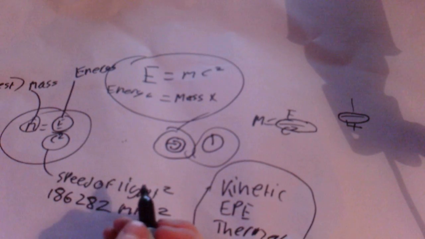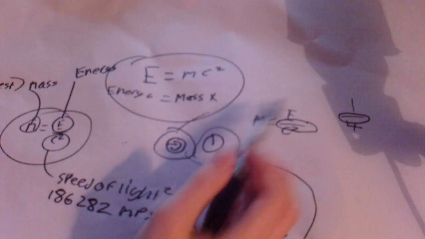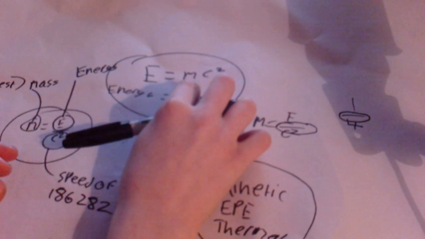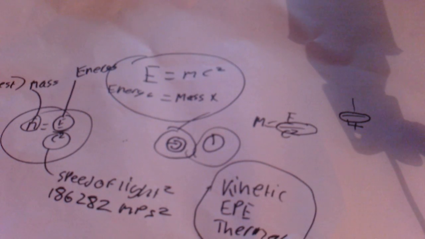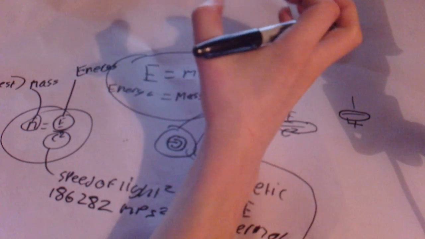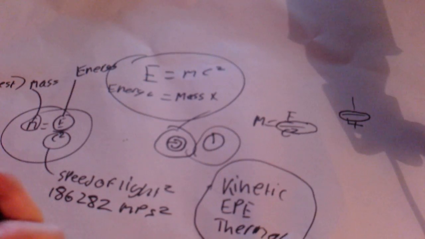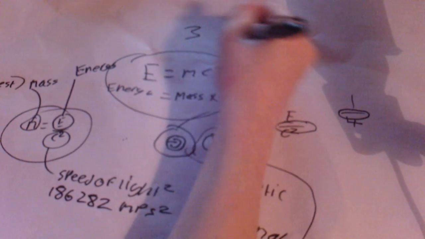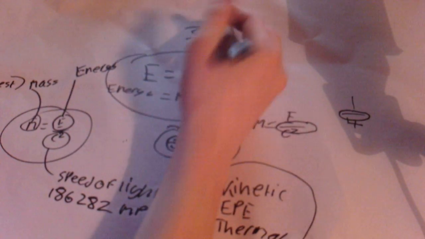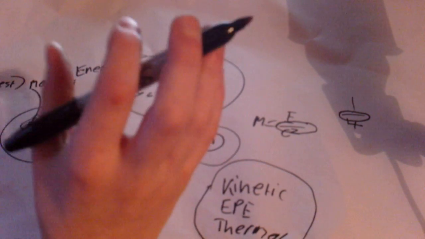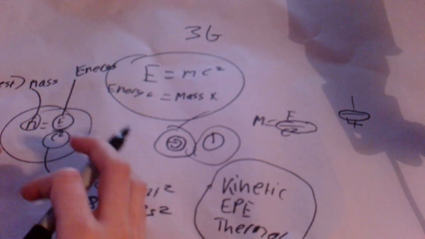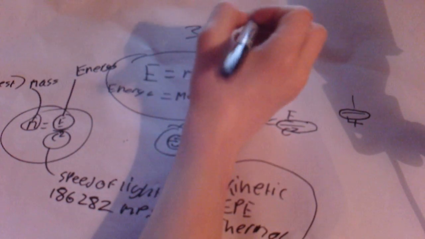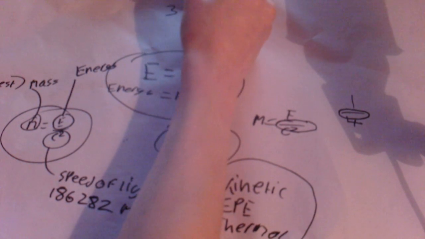So, we go back to it. Energy equals mass times the speed of light squared. And the reason it's times, as I said, is because there is no line underneath it and c squared is there. When you conjunct two things together, it becomes a times. Say in algebra, I know we're going off subject here, but if you had 3b, you don't know what b is, but you know you've got 3 b's. It should be written as 3 times b.